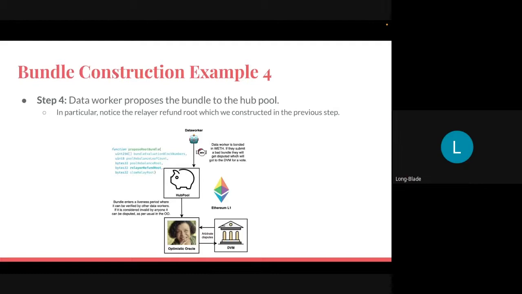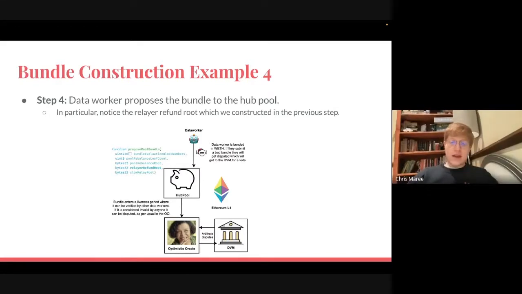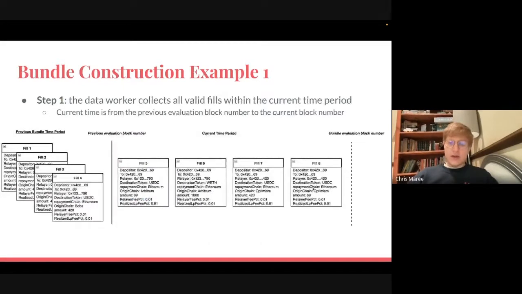Correct. So if one of the data points within the bundle is bad, let's say that the relayer, the data worker, was trying to steal money from the system, they could create a fill in the bundle that's wrong. Let's say they say, I'm the recipient, I'm the relayer, and I'm entitled to 1,000 ETH, even though there was no fill.